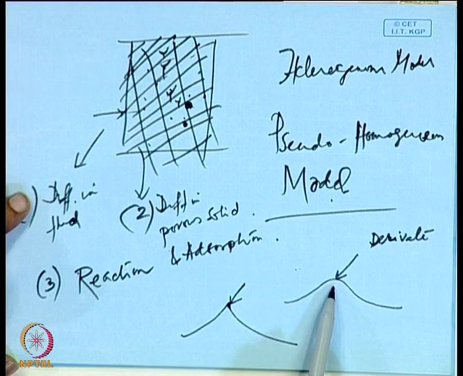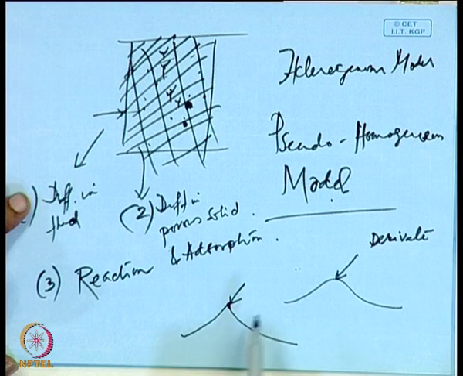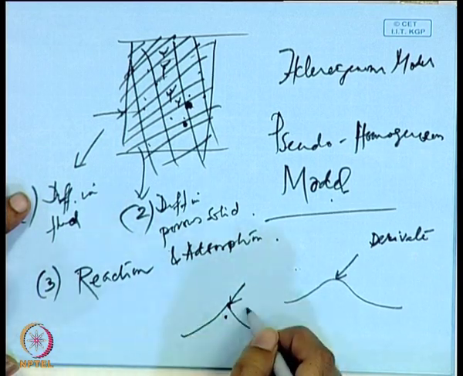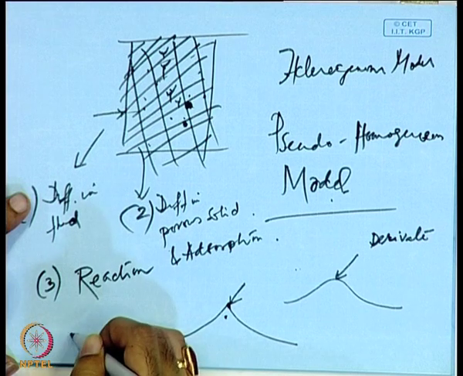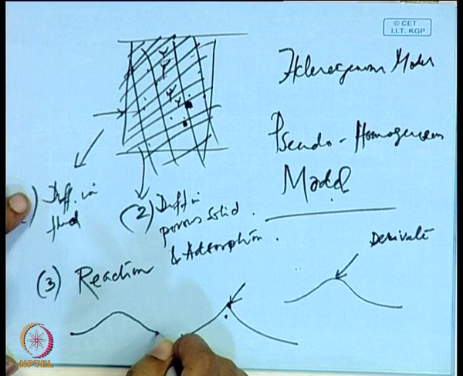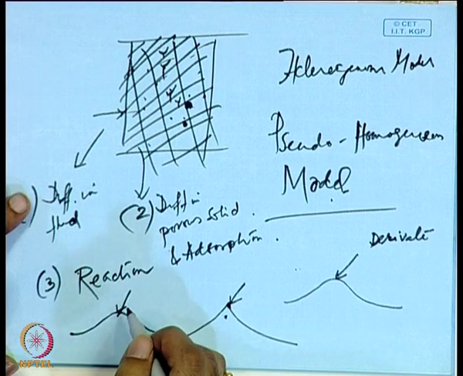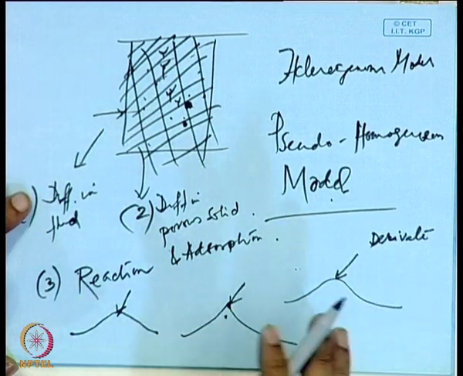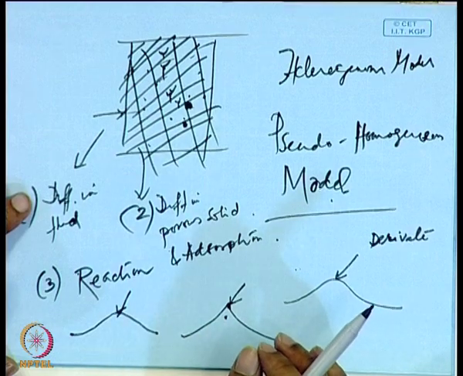You can define the derivative here, but at the microscopic scale this is not singular. You see what I am saying? Because when you go to the microscopic level, this peak is no longer sharp. So, this is not singular. At the microscopic level you can define the derivative at this point. So, that is a matter of scale, the manner of looking.